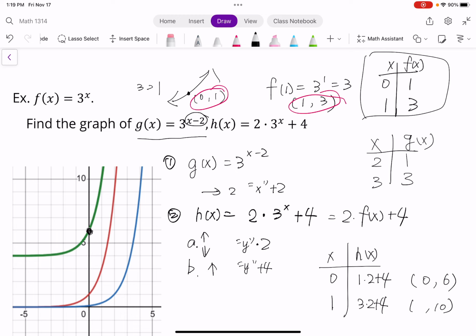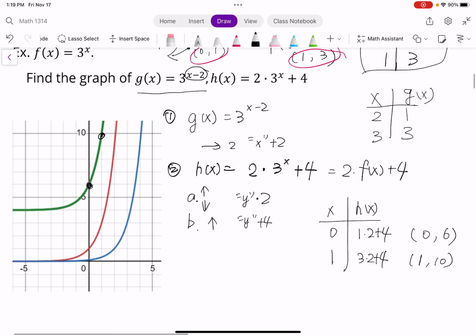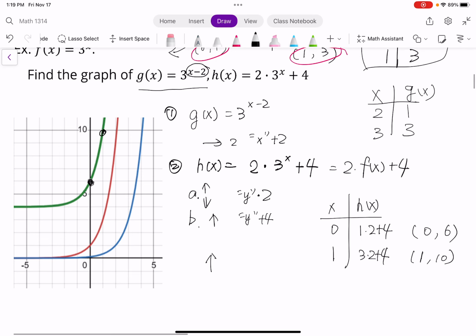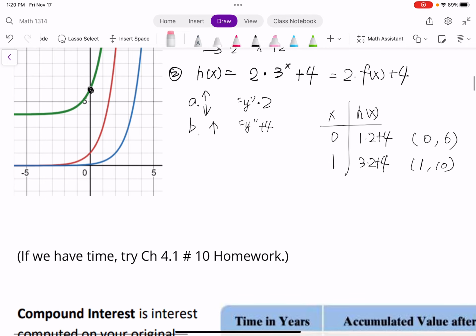Do not change the value of the x. So yes, the green curve is the function h of x. You can describe that: we are stretching vertically 2 times and then moving up 4 units. All right.